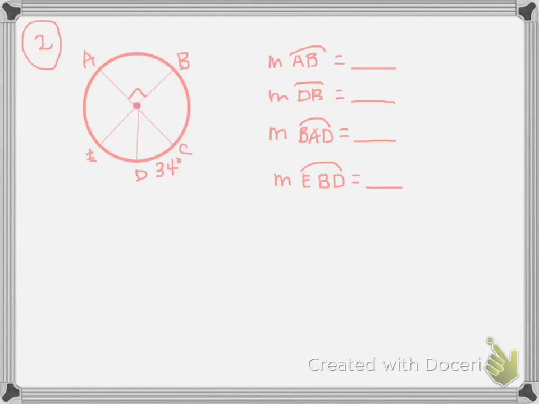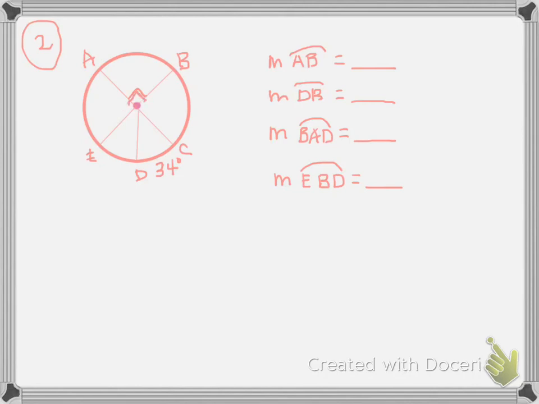Okay, let's do another one. Here I have a circle and lots of angles going on in here. But remember, all of them have to add together to be 360. Right inside here, this would be a 90-degree angle.